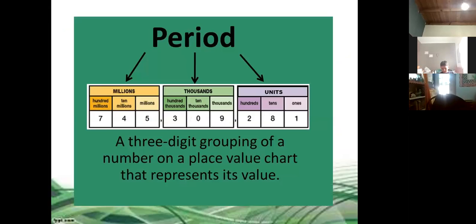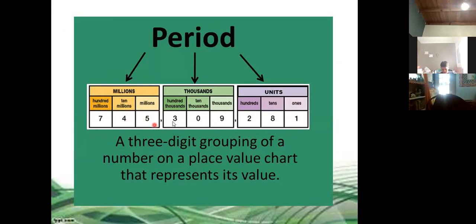Now, remember that when we're comparing numbers, we have this amount here. So let's see, how do you read this number, class? Who wants to try to read this number? 745. 745 what?